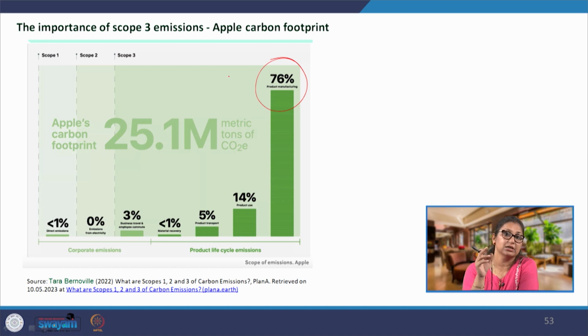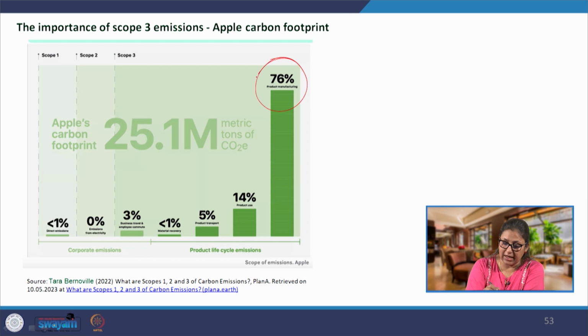In that case, for example, if a company is manufacturing a particular product, a part of the product only for Apple, then the 100% emissions resulting from that vendor company are also going to be counted as direct emissions for this company, and it is part of process emissions, the emissions that are resulting during the process of manufacturing.